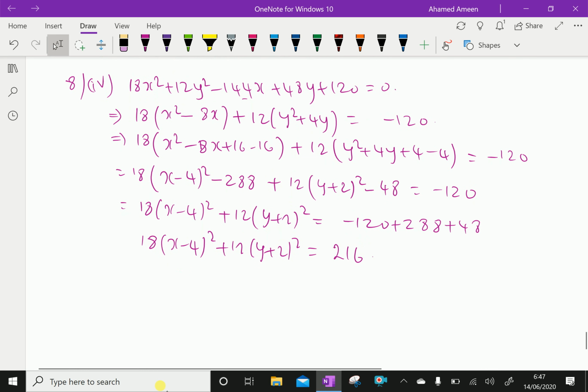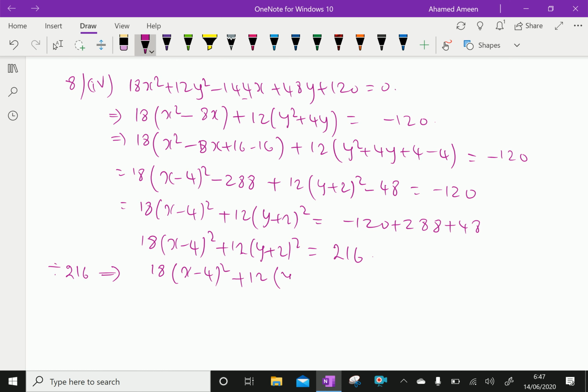Now divide both sides by 216: 18 into x minus 4 the square plus 12 into y plus 2 the square, by 216, equal 216 over 216 is 1.